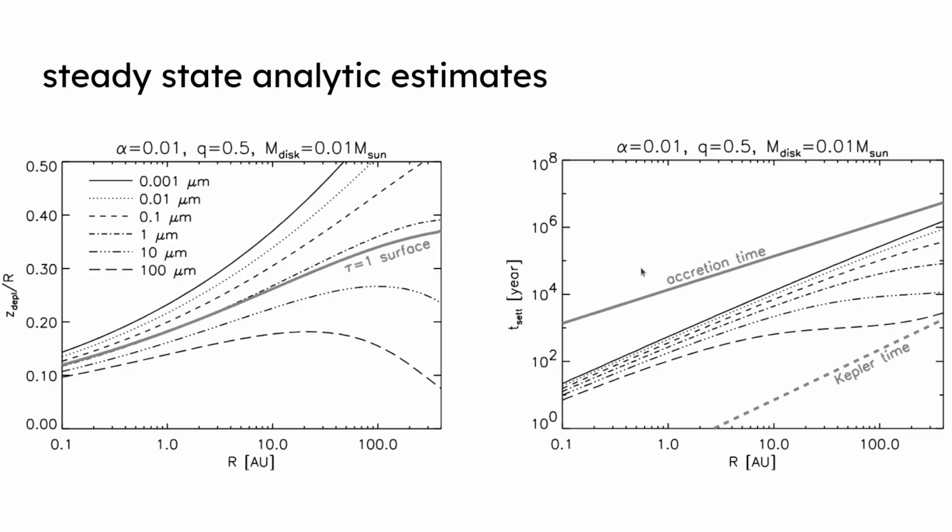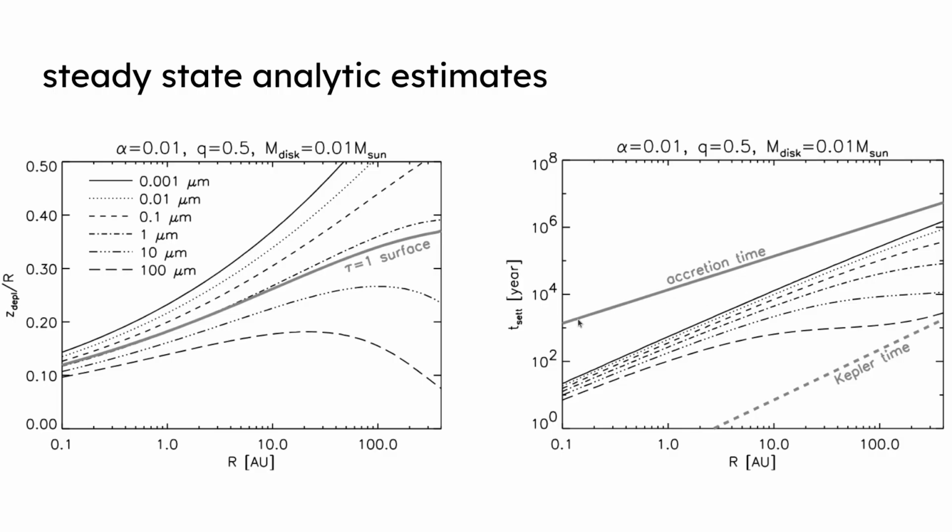On the right, there is a plot of the settling time scale. So basically how much time it requires for dust of this size to settle into a steady-state equilibrium. It also depends on the size, and larger sizes settle quicker, and all of the sizes settle faster than the accretion time of the disk.